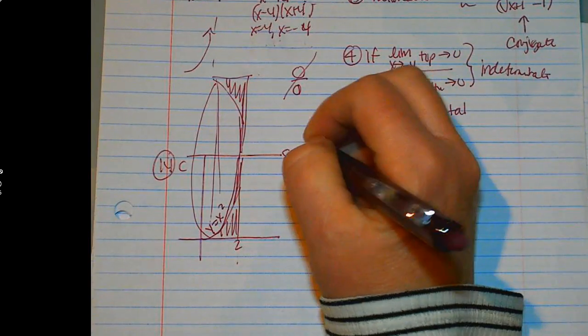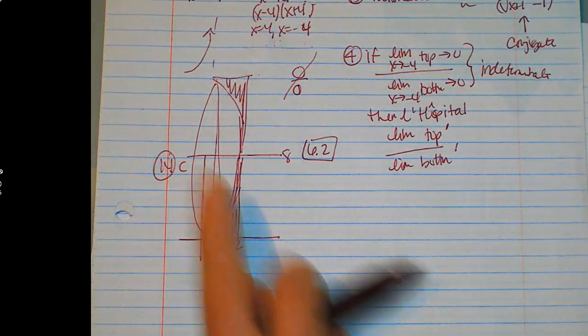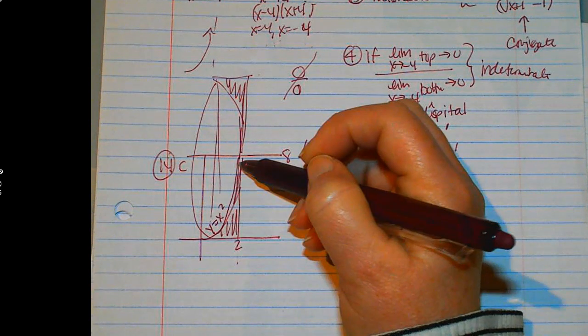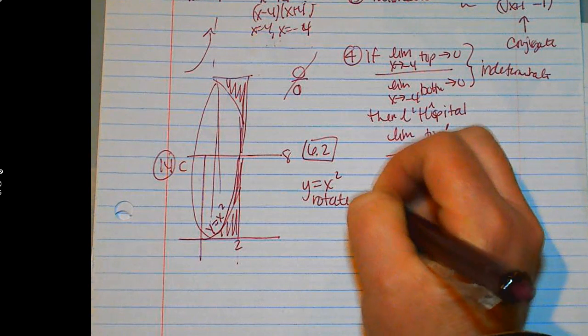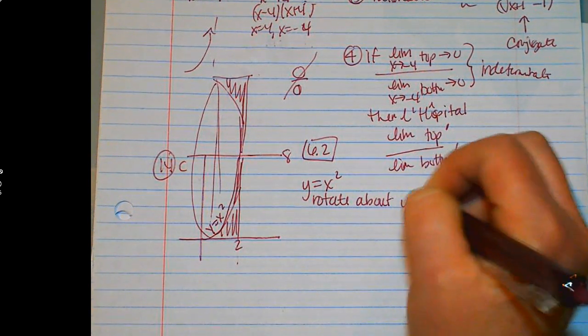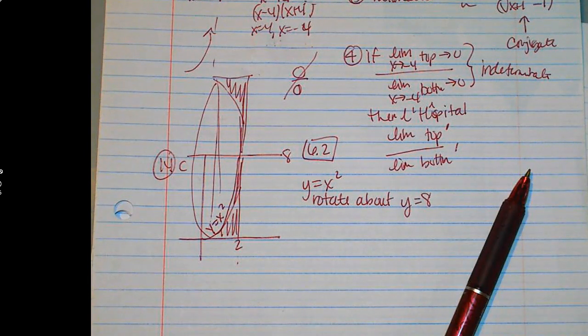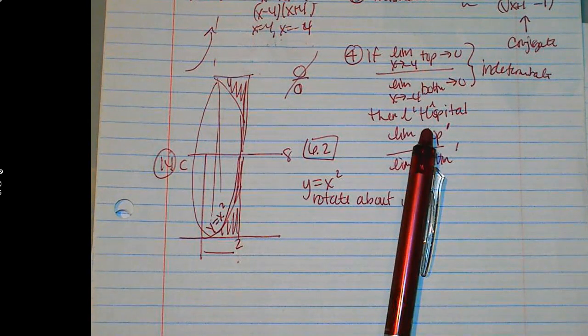Now we've switched directions. Now we're in 6.2, looking at 14c. We were given y equals x squared, and we're trying to rotate about y equals 8. So if you just took an axle at y equals 8 and rotated something that was too wide, it would be a big round disc that's too thick and has a radius of 8.